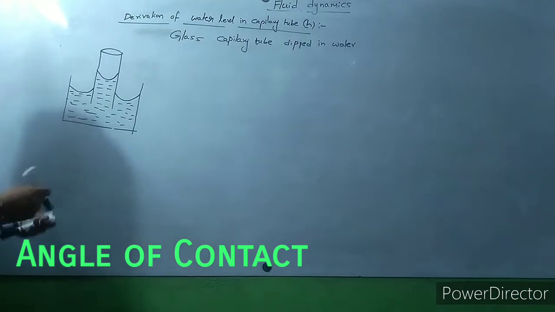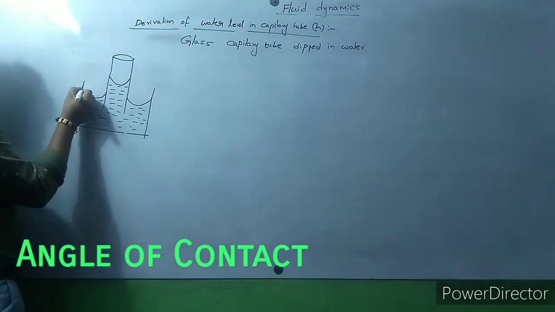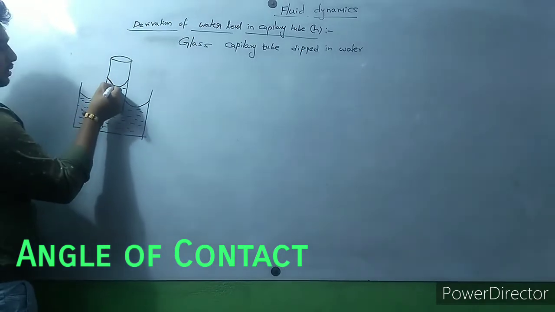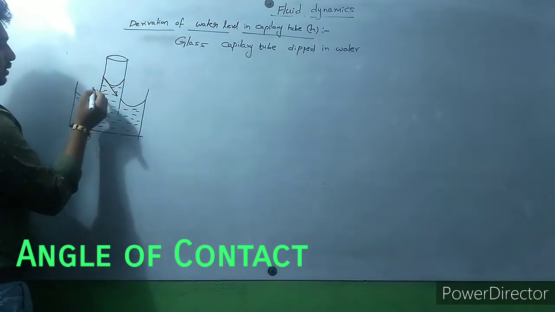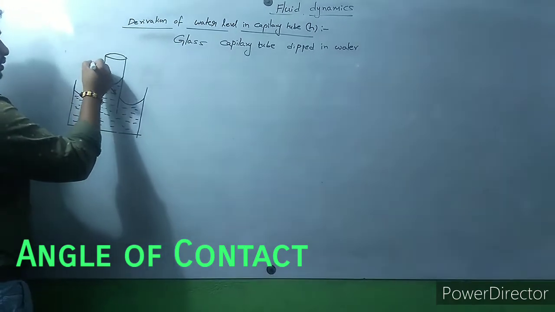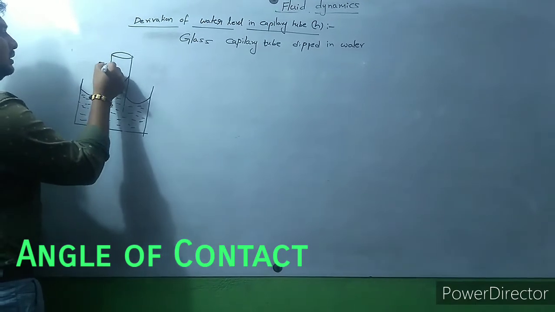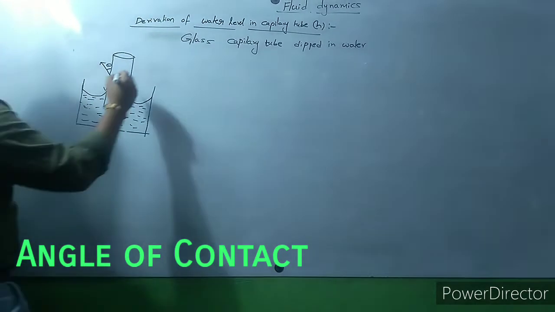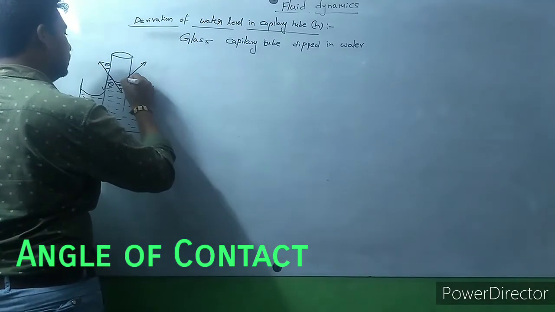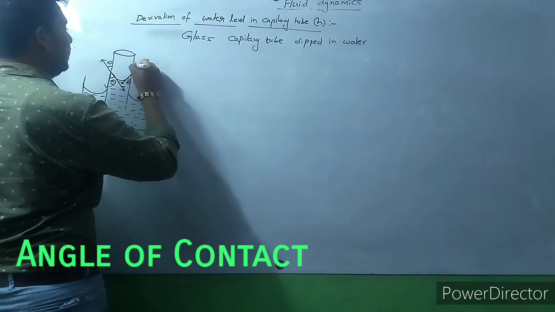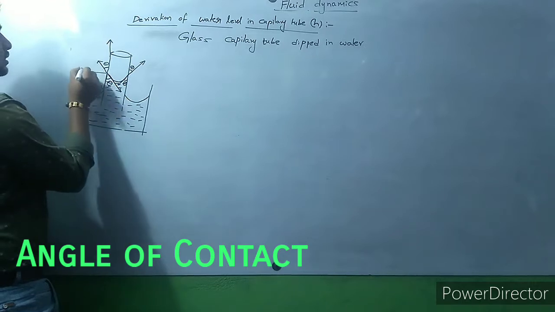So observe carefully here. Here is angle theta and here also angle theta. Similarly here is angle theta and here also angle theta, and this is split into two components.